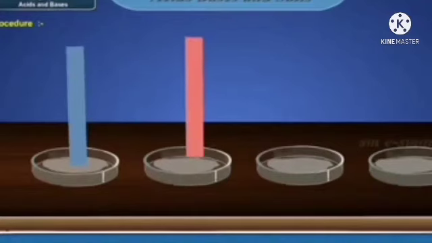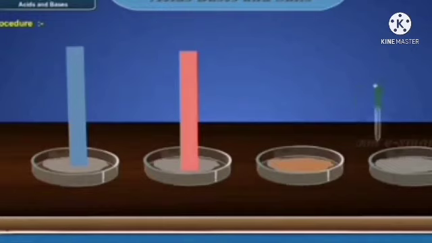Take 4 watch glasses. Put 1 drop of the first solution in each one of them and test them. Dip the blue litmus paper in the first watch glass. Add a drop of methyl orange to the third watch glass.